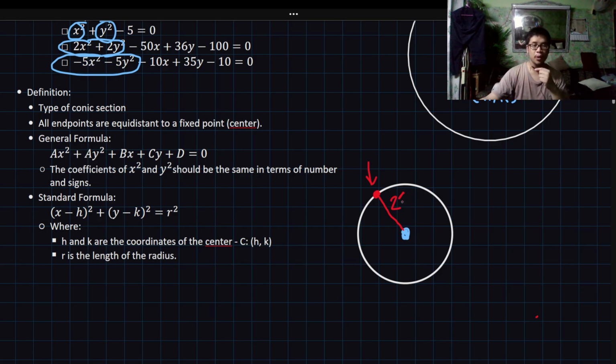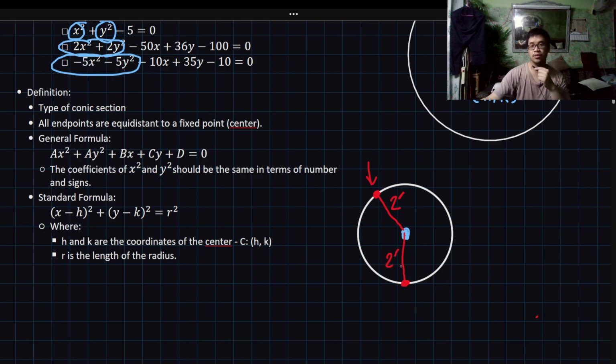Now, what if I draw another radius in that circle? For example, right here. A straight line shows the distance between the center and this endpoint. So what's the measurement of the radius here? It's still 2 units.